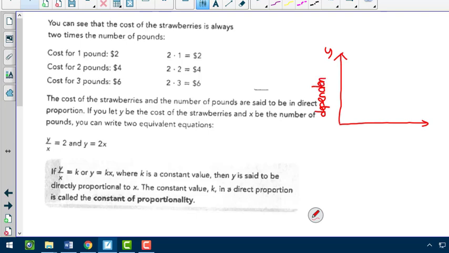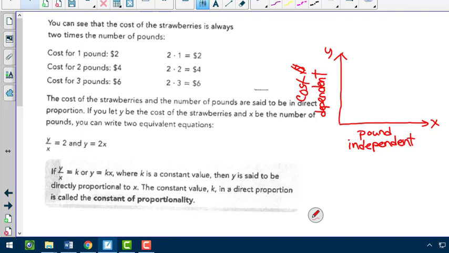The cost depends on how many pounds of strawberries you're going to buy. So this is the pounds, and the cost depends on the pounds. The pounds is the number of pounds you're going to buy, right? So that's your X axis, what's called the independent variable. So cost depends on pounds.